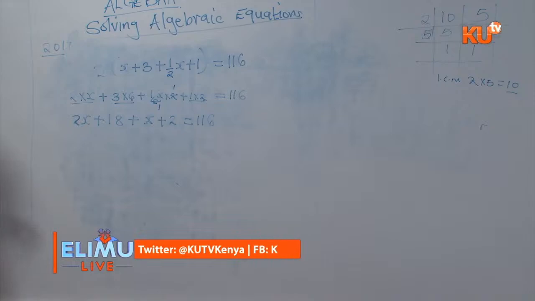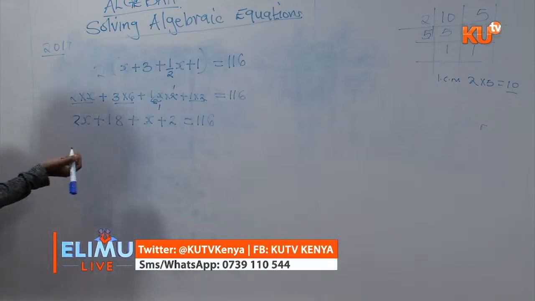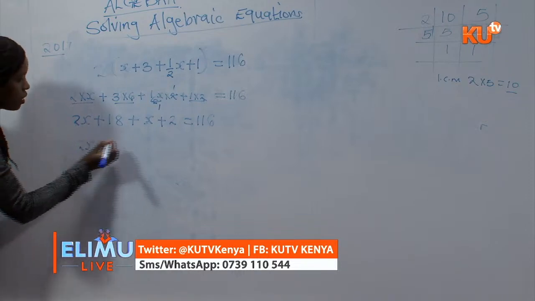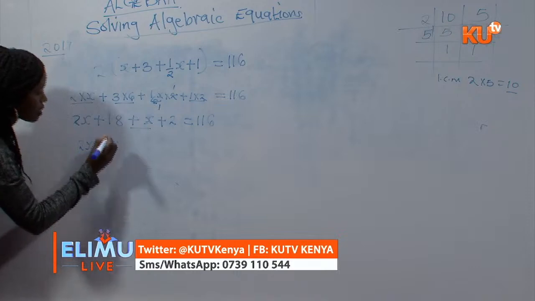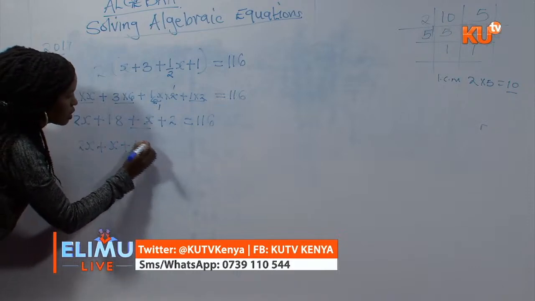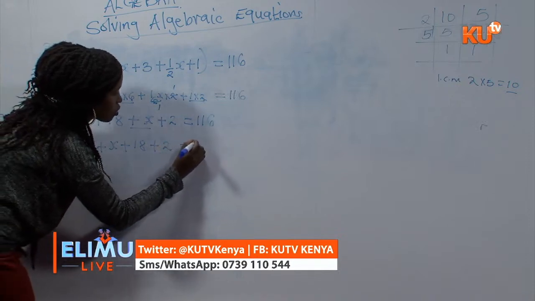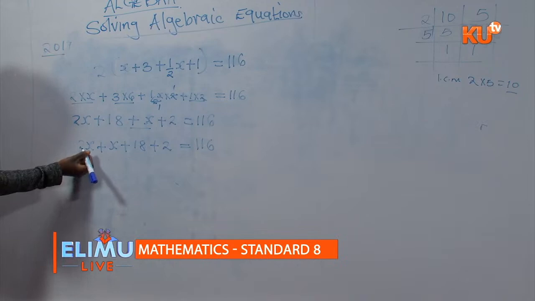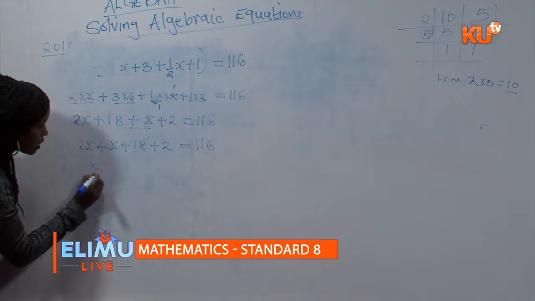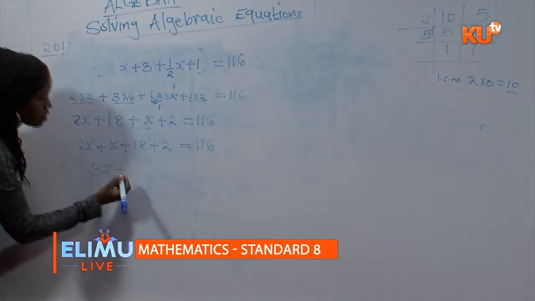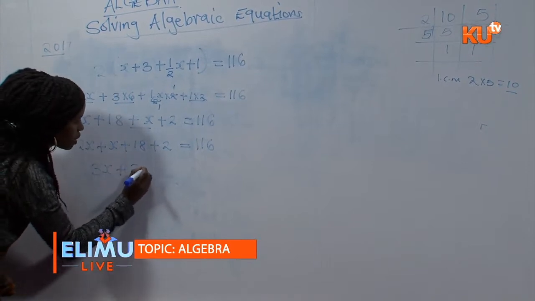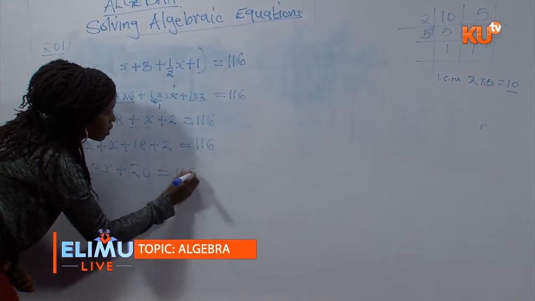So when you open, after that, now we have an equation already. We collect the like terms, we put the like terms together. I have 2x and then I have plus x, plus 18 plus 2 is equal to 116.